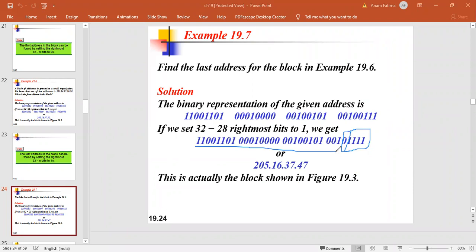They are going to represent your net ID, and the remaining 4 bits are going to represent the host within the network. So for the first address, you set the 4 bits to 0, and this represents the first address within the block. And for the last address, the last 4 bits are set to 1. That is going to represent the last address within the block.